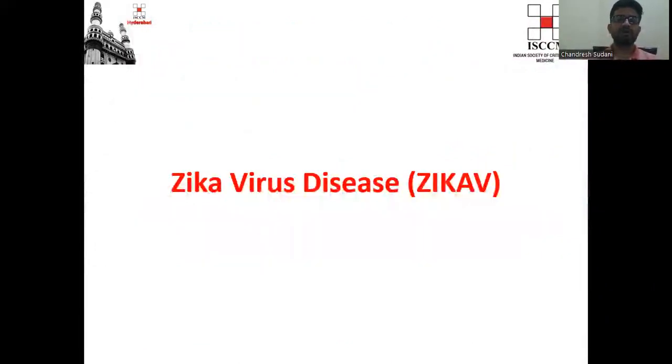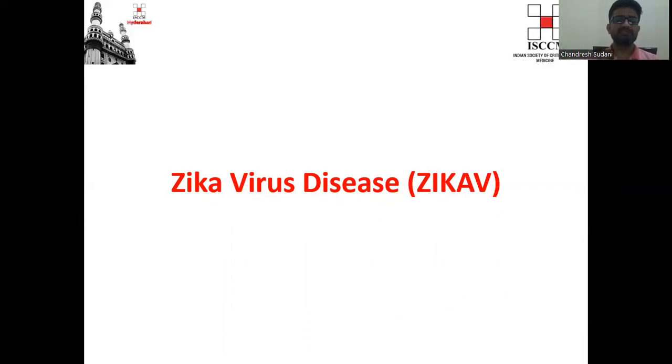Now, coming to Zika virus disease, this disease had another outbreak in July 2021, again in Kerala. A 24-year-old pregnant female patient tested positive for Zika virus, and later 13 out of 19 hospital staff also tested positive.